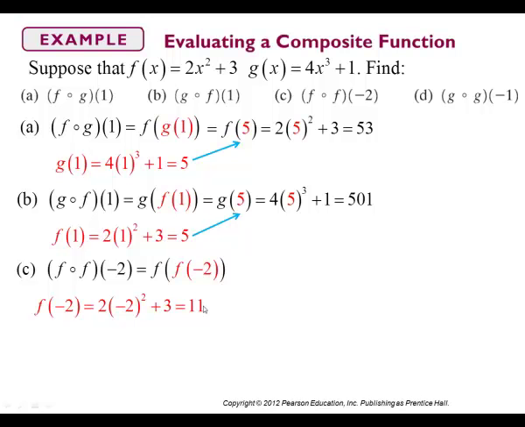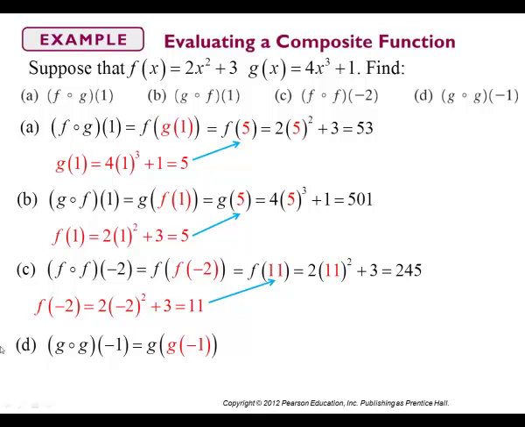Now what are we going to do? Because this is f of f, right? Now we're going to take that 11, and what are we going to do with that? You should have said we're going to put that back into the f of x equation because this is f of f. And so when we do that, we get 25.